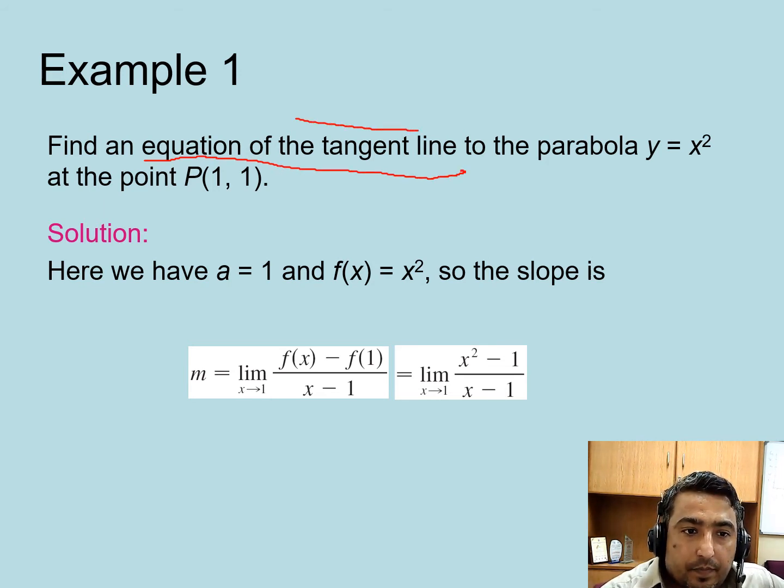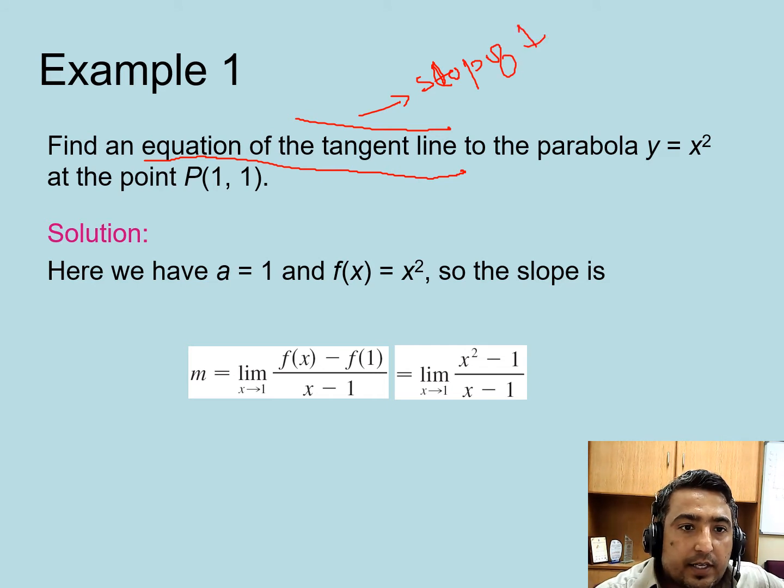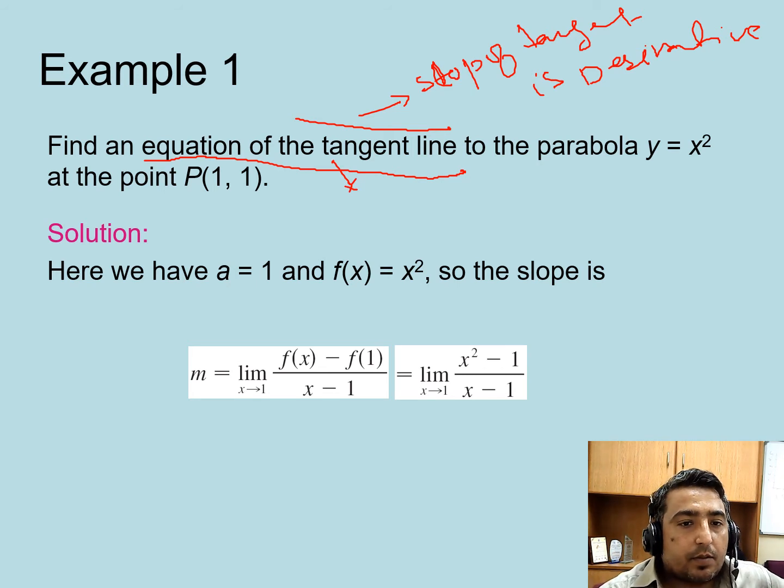Now the slope of this tangent line is the derivative. So in order to find the tangent line, we simply involve the derivative in this one.